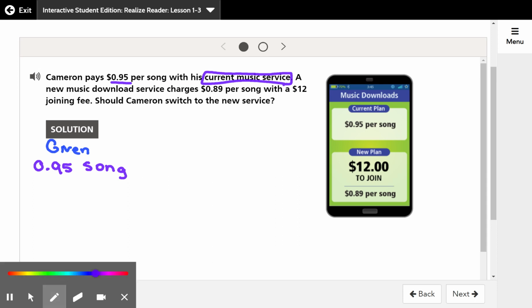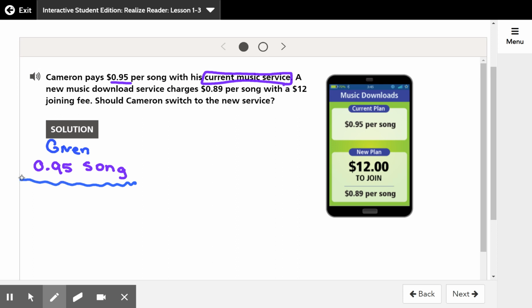So I recommend having some type of way to determine or show yourself that it's a different situation, using a different color, maybe drawing a line underneath the given, something to separate your thoughts. So the next one says 89 cents a song.